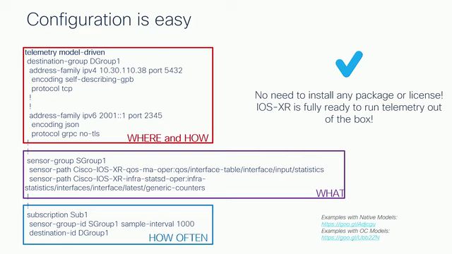Then you need to define what type of data you want to export, so you define a sensor group. Let's say a sensor group would be for BGP, for OSPF, for ISIS, for optical. This is what you're pushing out of the box. And last but not least is how often. You just tell the subscription the particular group, the particular destination, and the sample interval.